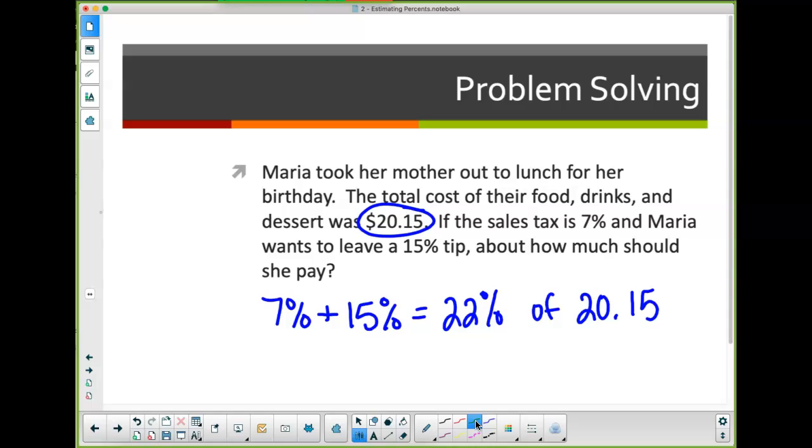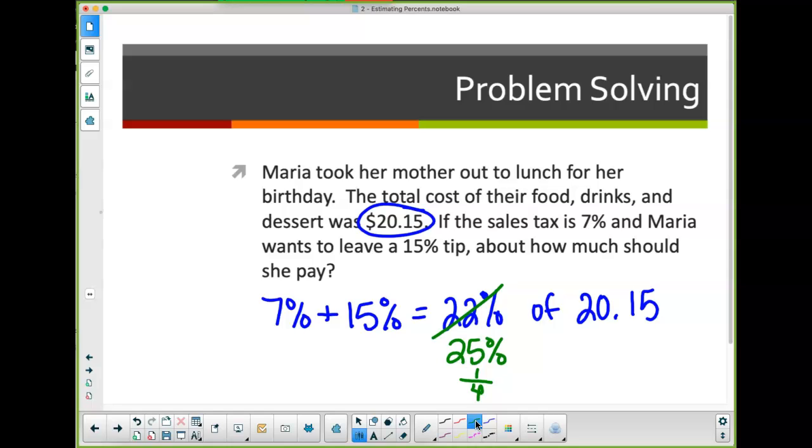No, that's not even close. Should I use 90%? What's close to 22%? You can always go back to your benchmark list. What's close? Go ahead. 25% is pretty close. I like 25%. 25% is just 1/4. And I know how to find a fourth of something.